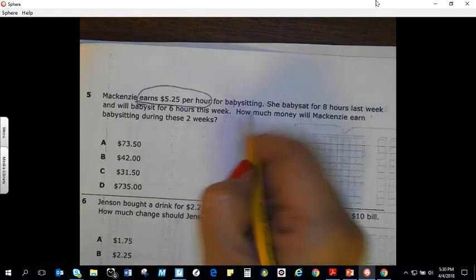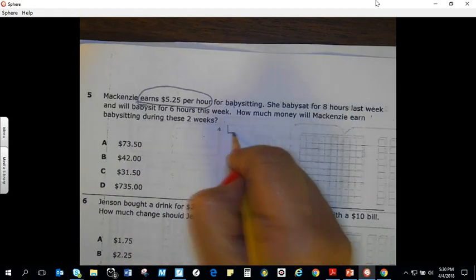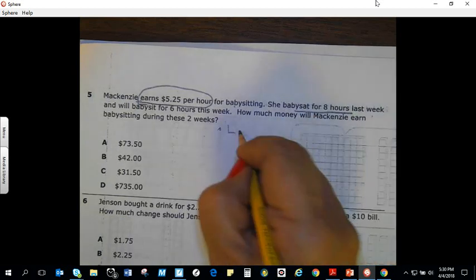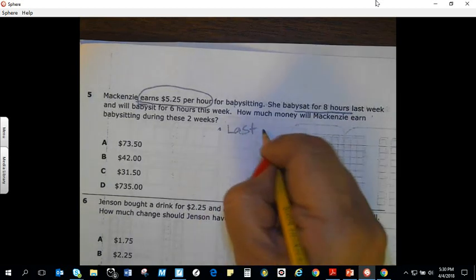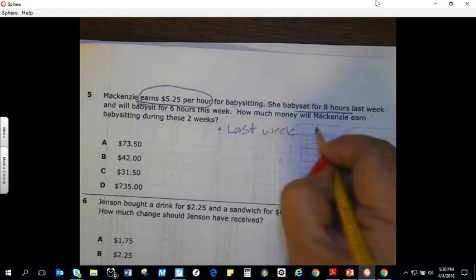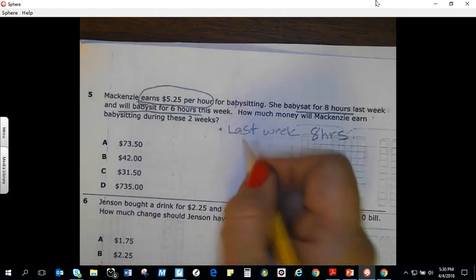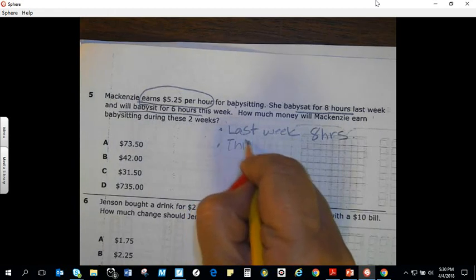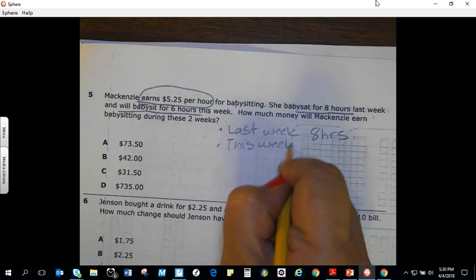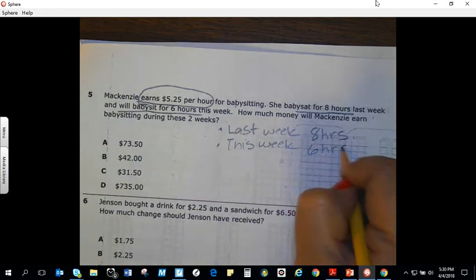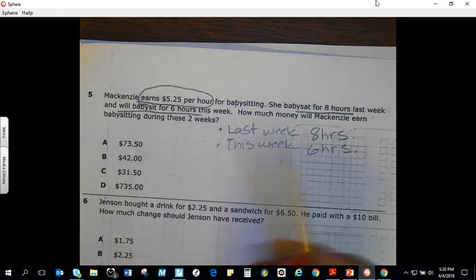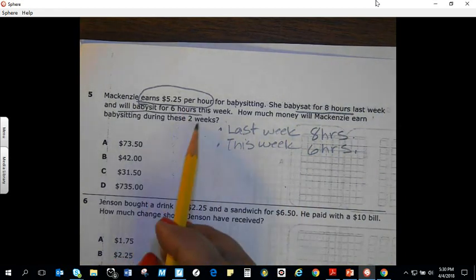Last week, she babysat for 8 hours, so it's last week, 8 hours. And this week, she's going to babysit 6 hours. And she's making this. So how much does she earn babysitting during these 2 weeks?